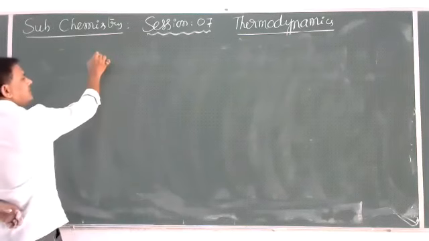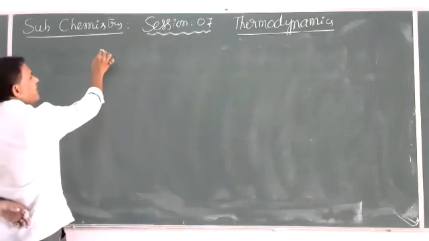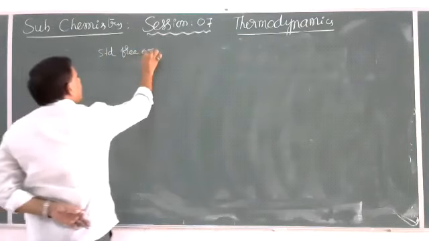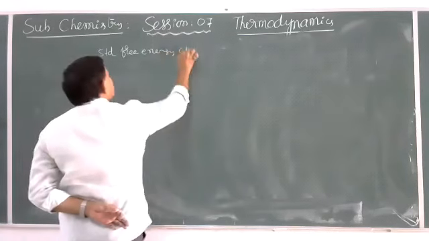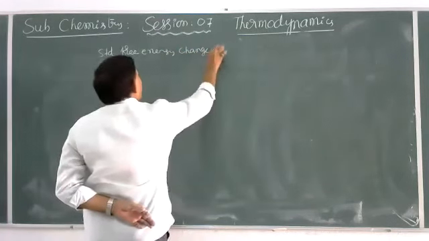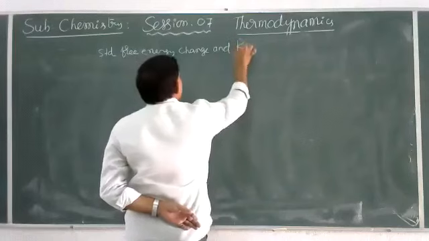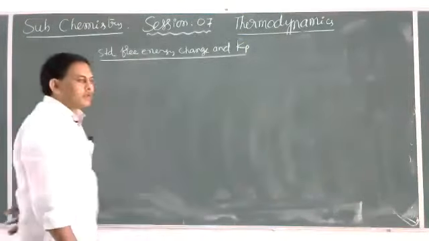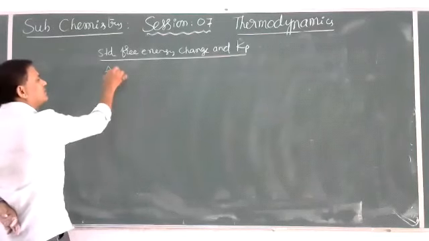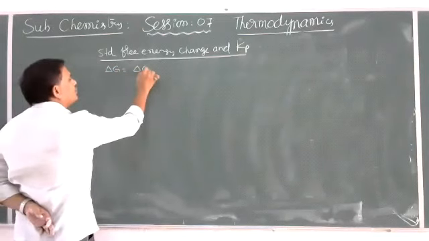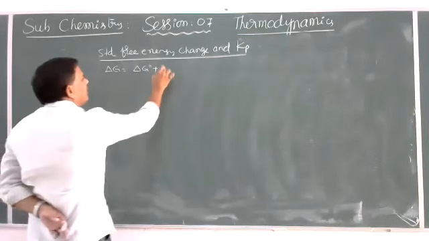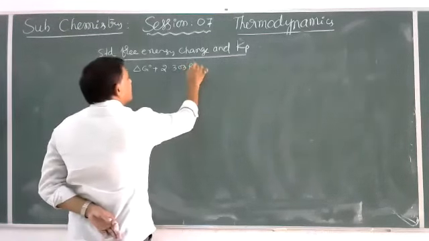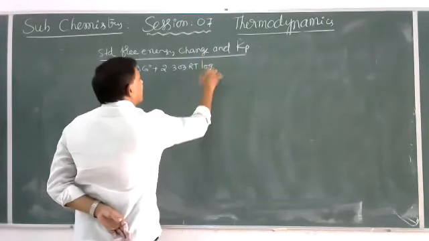So the relation between standard free energy change and the equilibrium constant Kp. Now here we know delta G is equal to delta G naught plus 2.303 RT log base 10 Kp.